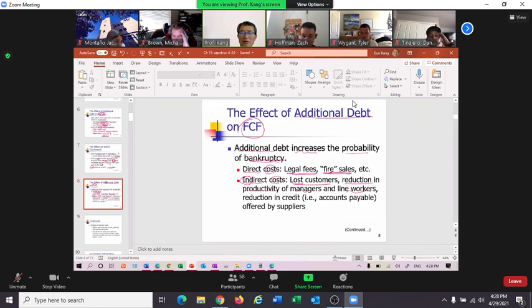And next is reduction in credit, for example, offered by suppliers, like accounts payable. This one is significant for department stores. Department stores have to have new products, especially women's clothing. They have to have fashion items and so on. Before, those suppliers begged you for shelf space and said, please just have our product, you can pay later.